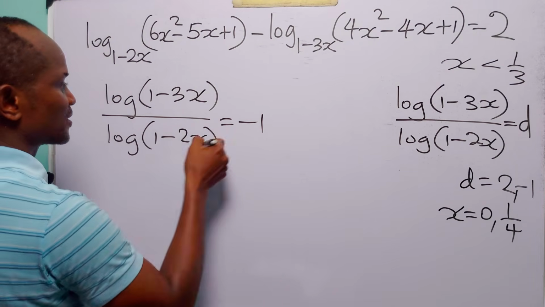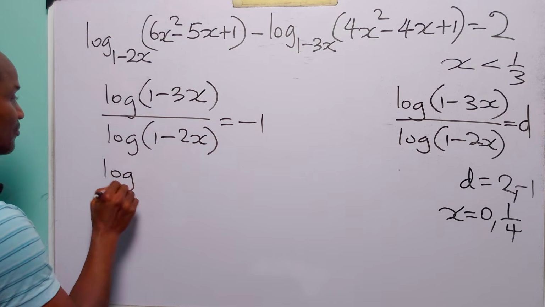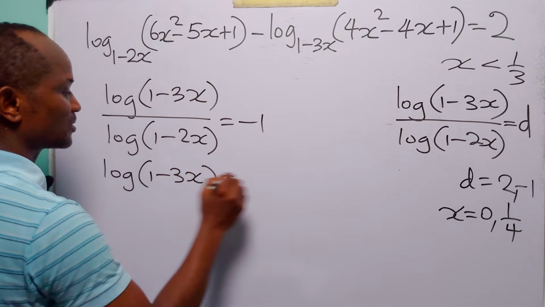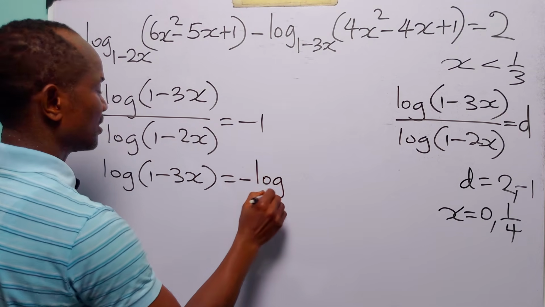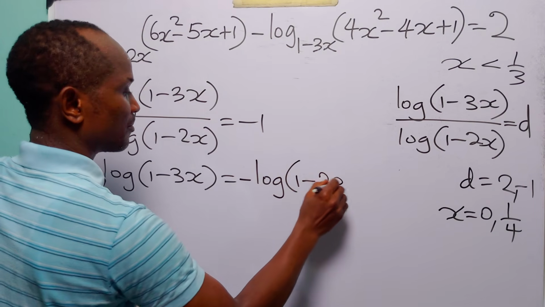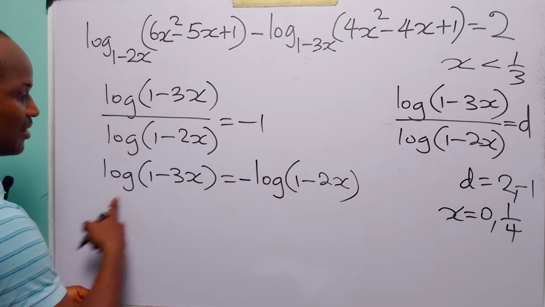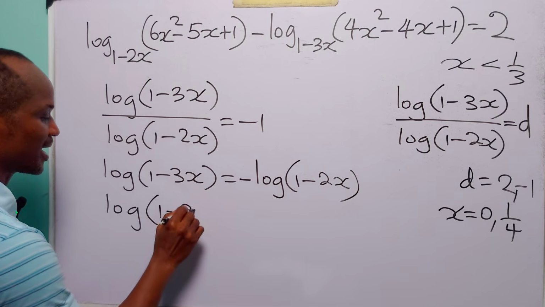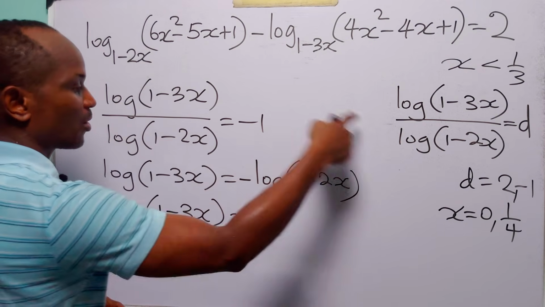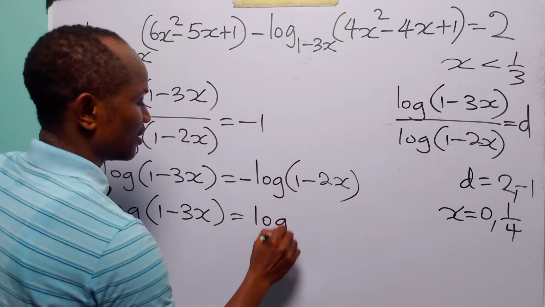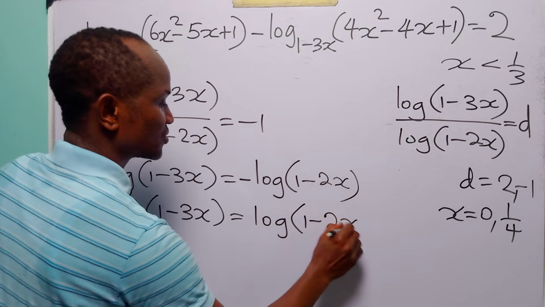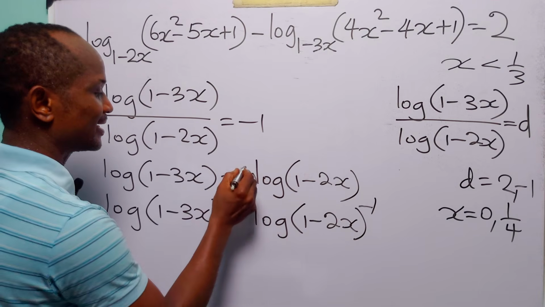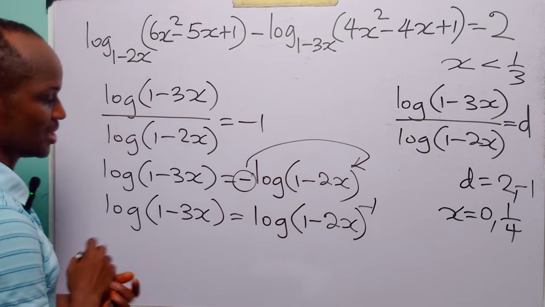Once more, when we cross multiply, we have that log(1 - 3x) is equal to minus log(1 - 2x). Of course, this means that log(1 - 3x) is equal to log (1 - 2x) to the power minus 1 once more by applying the power rule.